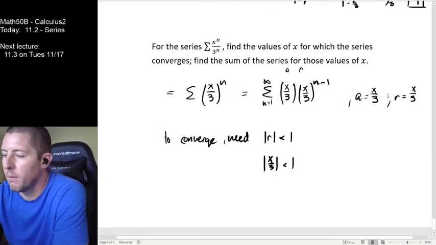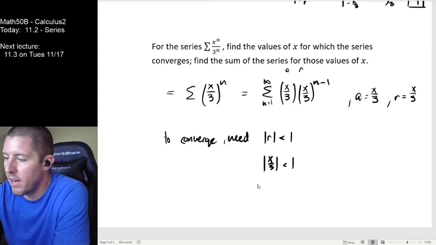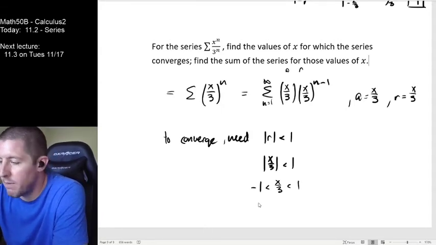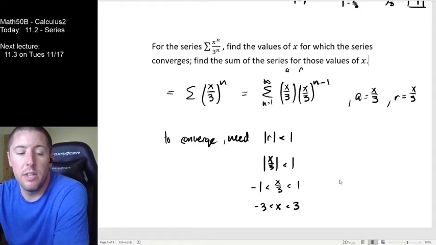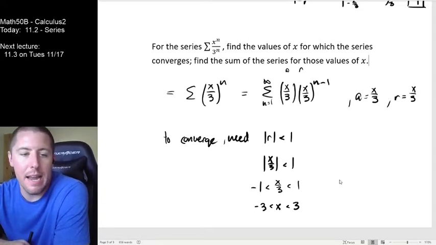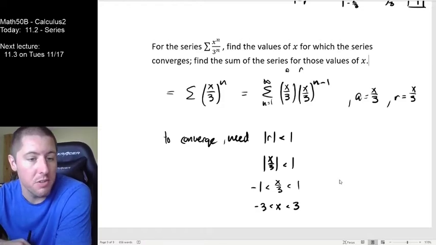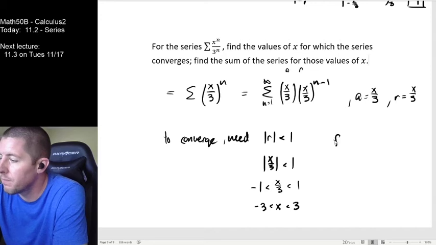So I can just do a little bit of algebra right here and write this as negative 1 is less than x over 3 is less than 1. And since I'm not going to multiply by any negatives here, I'm just going to multiply all three sides by 3, and say negative 3 is less than x is less than 3. So this is concluding to me, if we choose any x value between negative 3 and 3, this series will converge. For all other x values, this series will diverge.